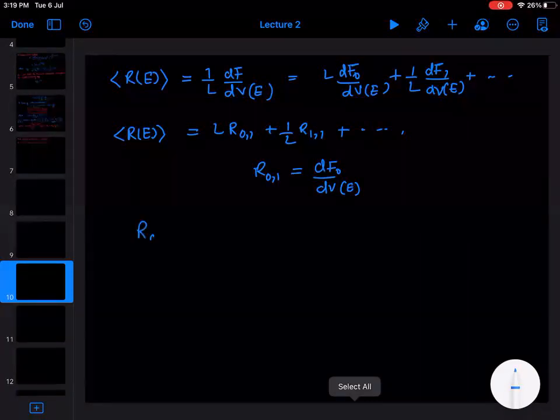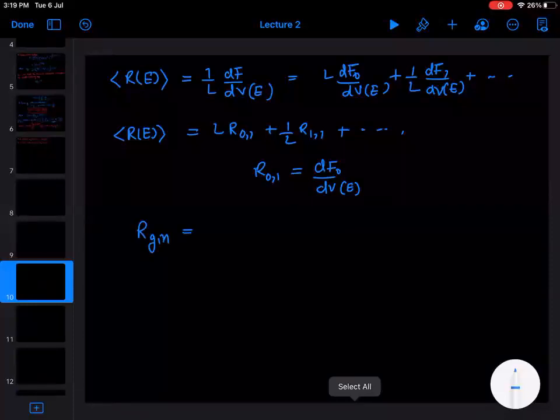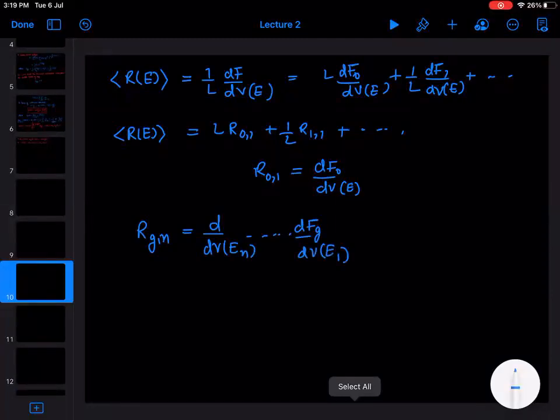So if you want to write your Rg,n, you have to act with your operator n times. Now let's see what R0,2 is. R0,2 is nothing but d/dV acting on F0,1, which is nothing but R0,1.